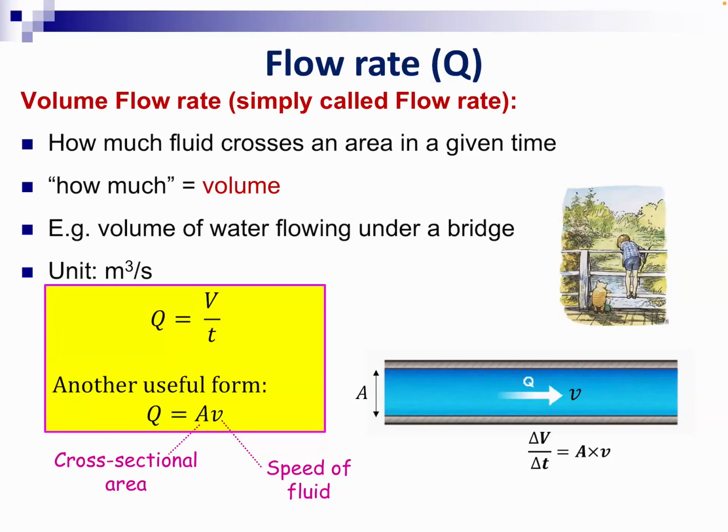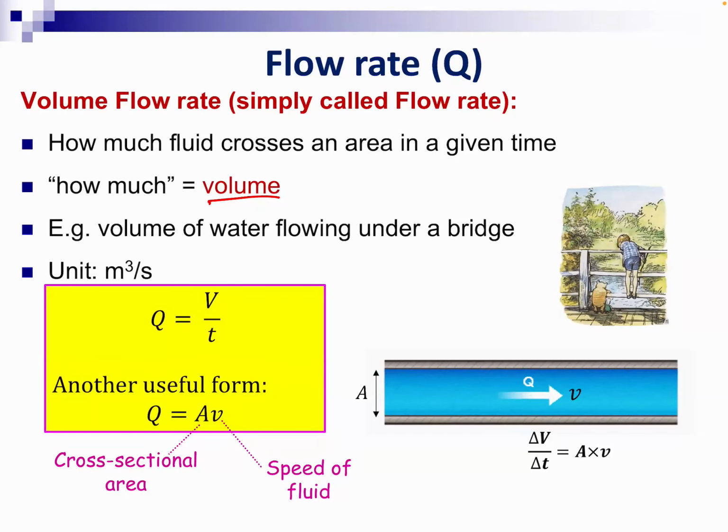So flow rate is just the term that we use for how much fluid crosses an area in a given time. When we say how much, we mean volume. So it's the volume of fluid crossing an area per given time. So we'll use the symbol capital Q to designate flow rate.